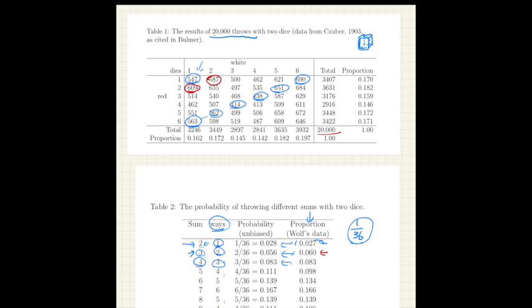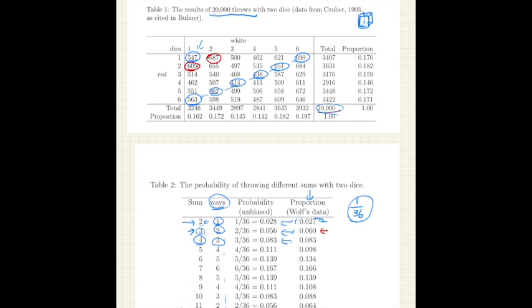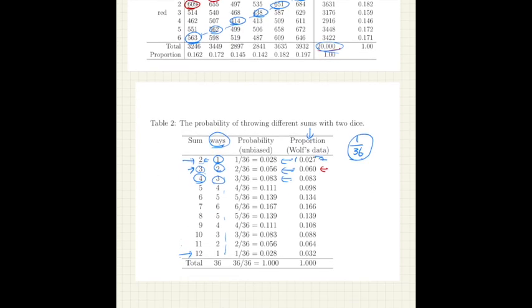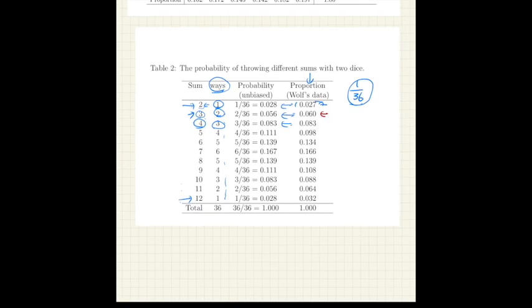So you add these numbers and divide by 20,000. And this is a probability.